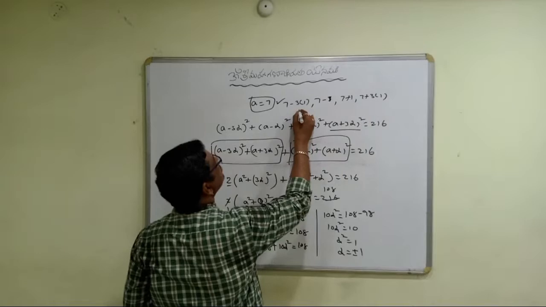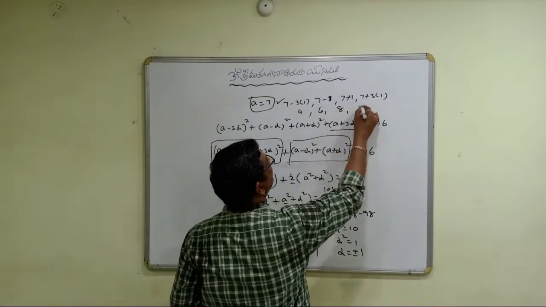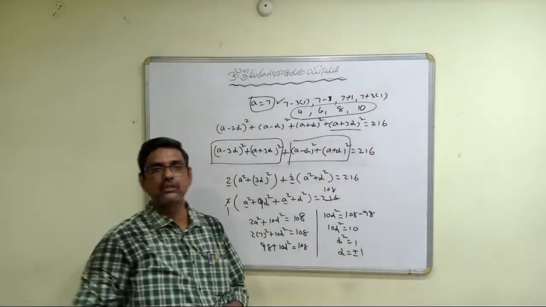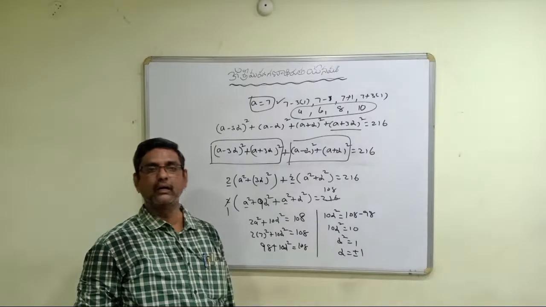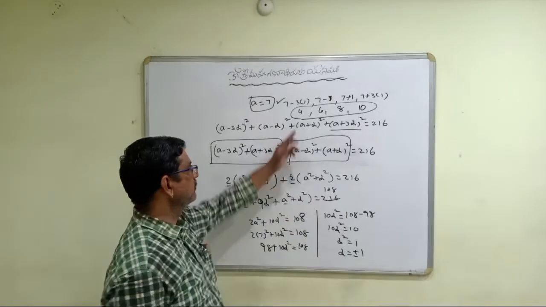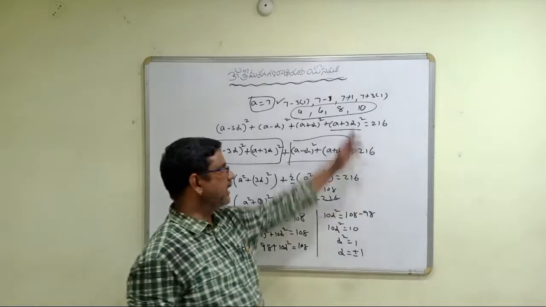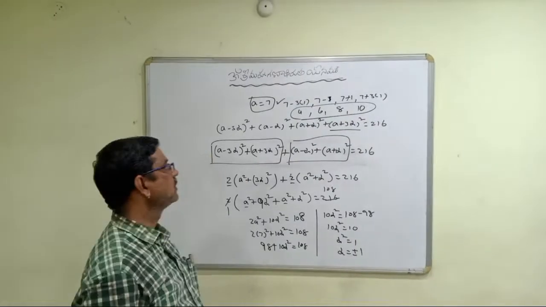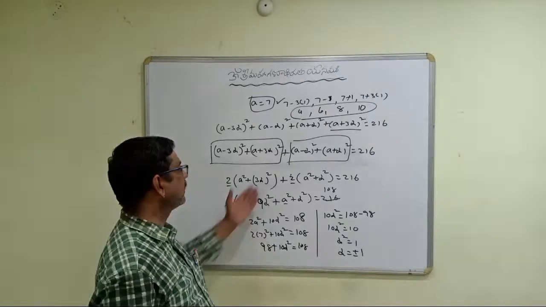So which is 4, 6, 8 and 10. These are the 4 terms in an AP whose sum is 28. You can observe 4 plus 6, 10, 10 plus 8, 18, 18 plus 10, 28. Whose sum is 28 and sum of the squares is 216.